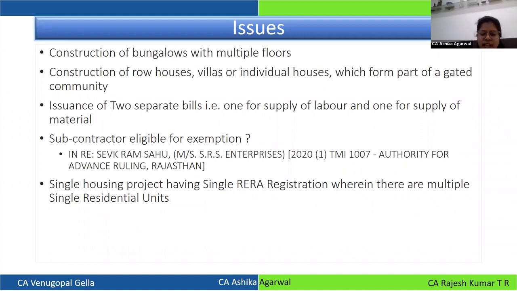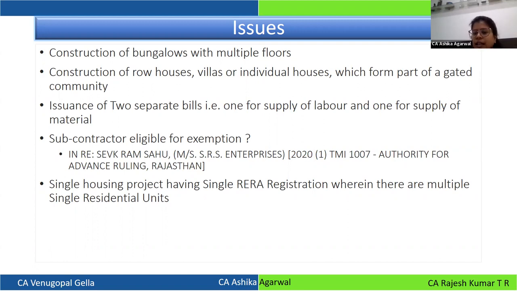There may be a 10-acre plot where construction has been done on a row house basis. Now the view will be that I am doing construction of a single residential unit, so it cannot be regarded as a residential complex. No, because it's not like a building. Now the question will be whether exemption will be there or not, or will it fall under single residential unit.